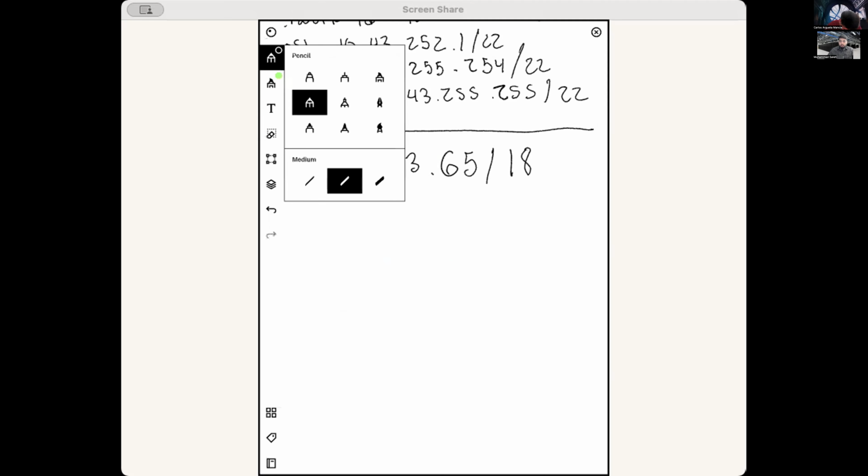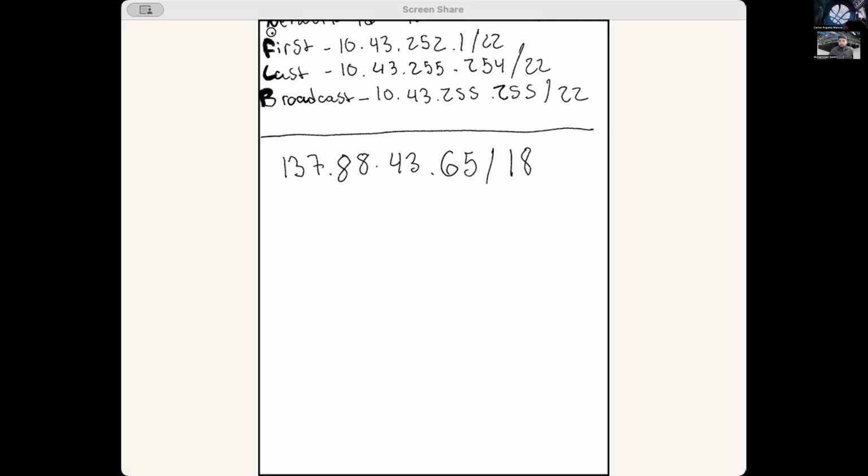So the binary equals, we'll do 128, 64, 32, 16, 8, 4, 2, 1.